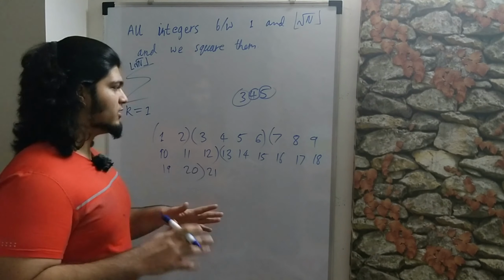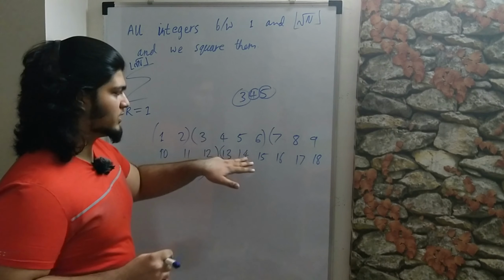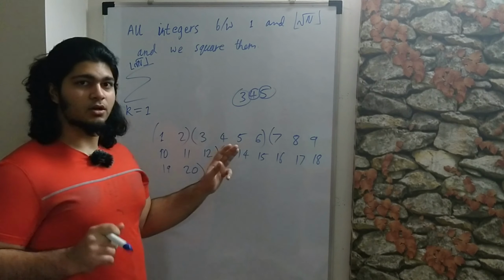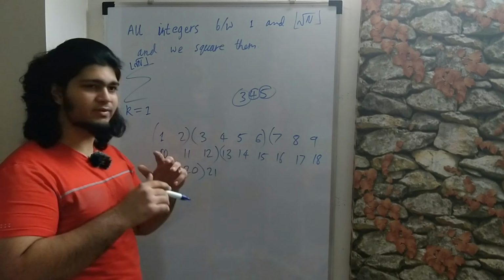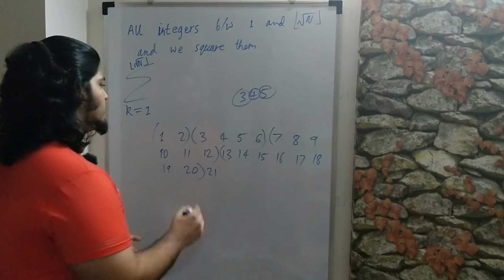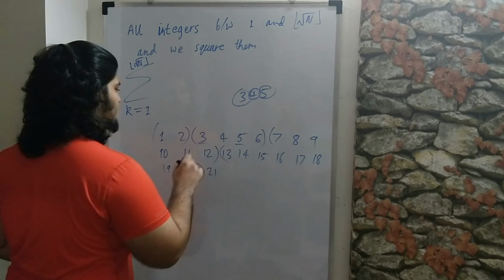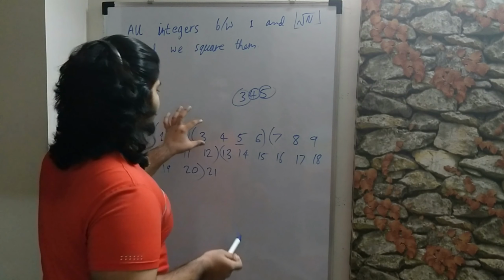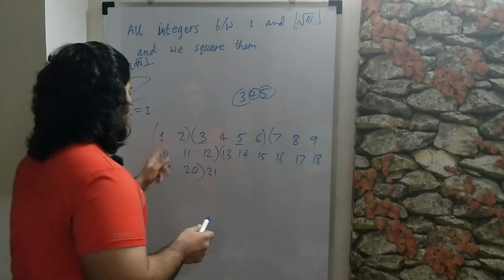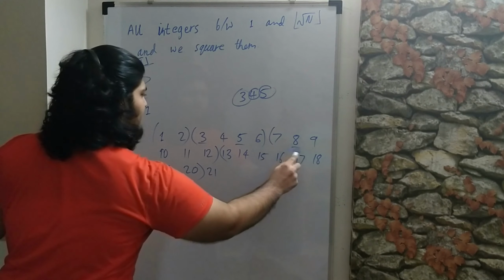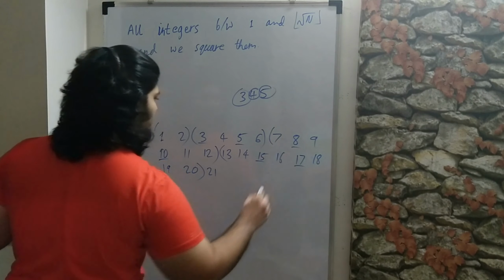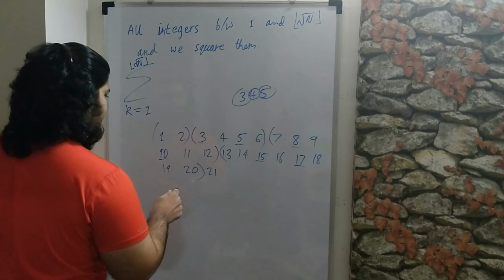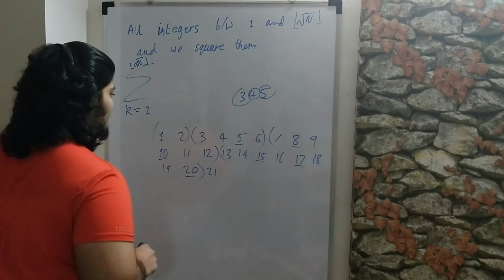So how many of them are either 4 plus 1 or 4 minus 1, 4 plus 4 or 4 minus 4, although they don't lie in this bracket, so we'll not count the next perfect square. So 3 and 5 are squarish because they are a perfect square distance away from 4. Then for 9 we have 8 and 10, and for 16 we have 15, 17 and plus 4, so 20 is also there.